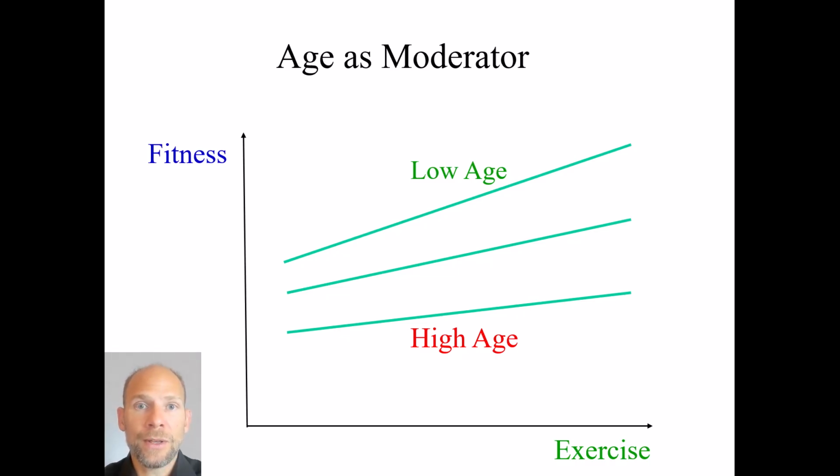And in terms of the mathematical model, it doesn't matter. So the interaction term is in the model either way. In the same way, we have the product of age times exercise in our model, and we can either look at exercise as the moderator, or we can look at age as the moderator.